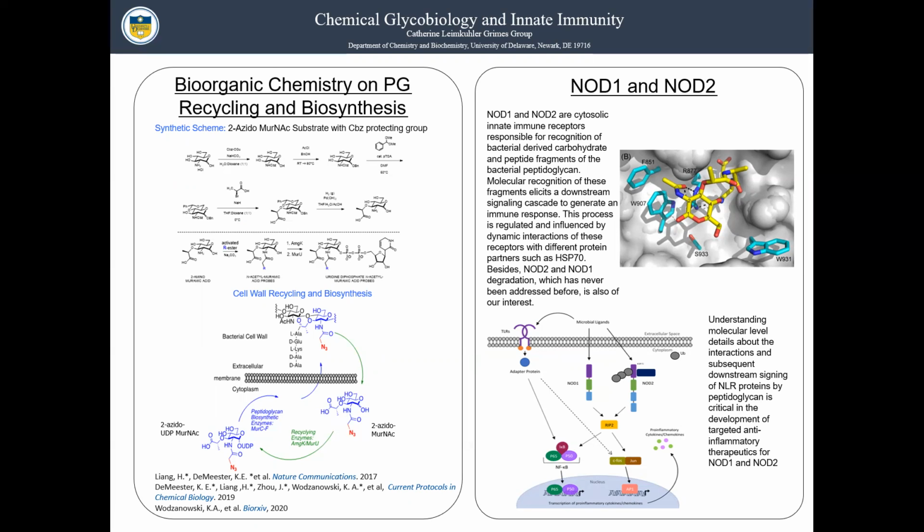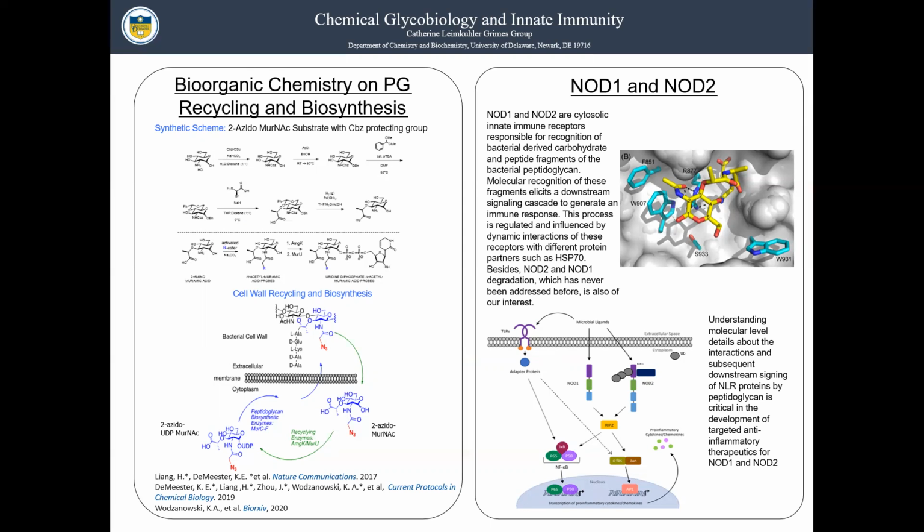NOD1 and NOD2 are cytosolic innate immune receptors responsible for recognition of bacterial derived carbohydrate and peptide fragments of the bacteria peptidoglycan. Molecular recognition of these fragments elicits a downstream signaling cascade to generate an immune response. This process is regulated and influenced by dynamic interactions of these receptors with different protein partners, such as HSP70.